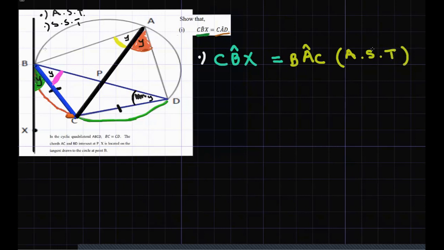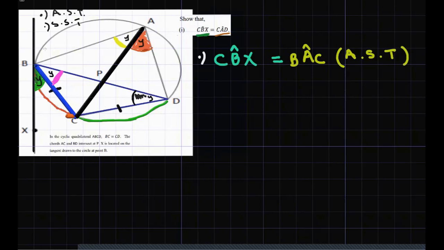All right. And what's the next thing we told? The next thing we said was the angles subtended by the same arc. We figured out this yellow angle and the black angle are both subtended by the same arc.